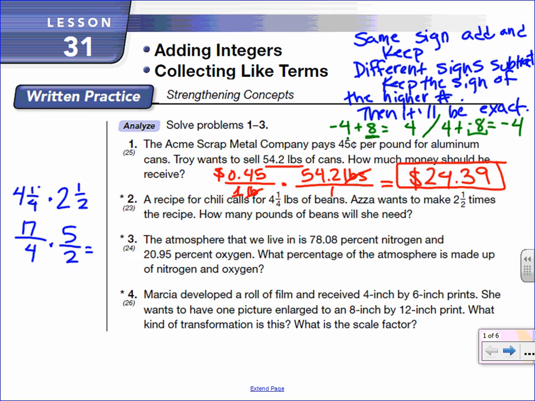So 50 and 35 is 85. And then 4 times 2 is 8. So 85 over 8, if I'm going to write that as a proper fraction now, 8 goes into 85 10 times, and then there are 5/8 left over. So 10 5/8 pounds of beans.